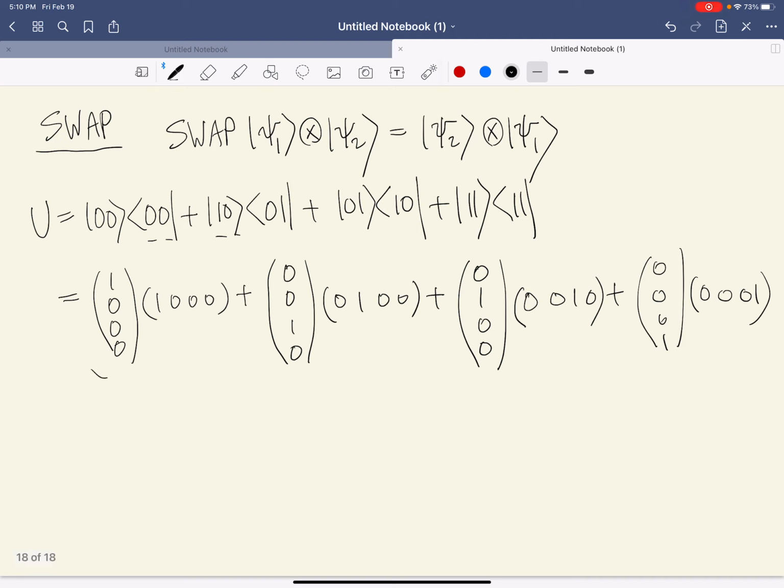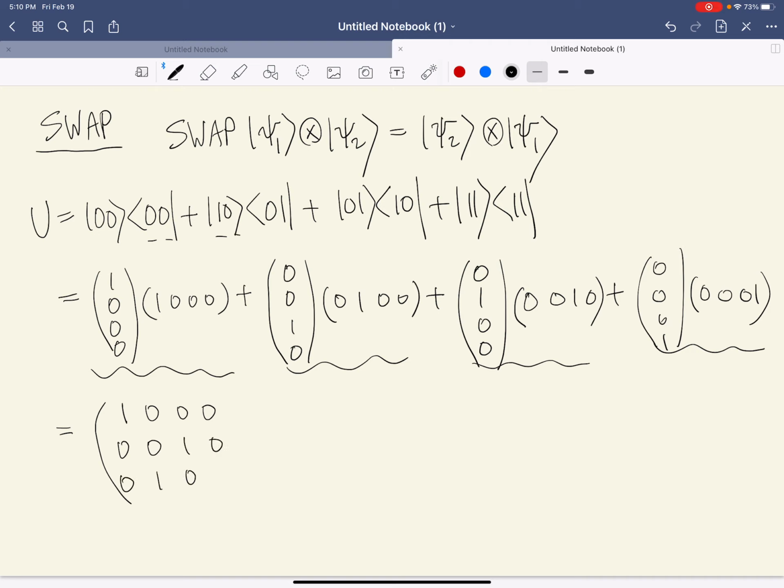Okay, so you work out each of these matrices by multiplying a column with a row vector and add them all up to find that the result is the following: 1, 0, 0, 0, 0, 0, 1, 0, 0, 1, 0, 0, and 0, 0, 0, 1.